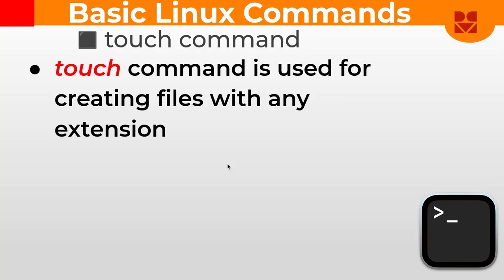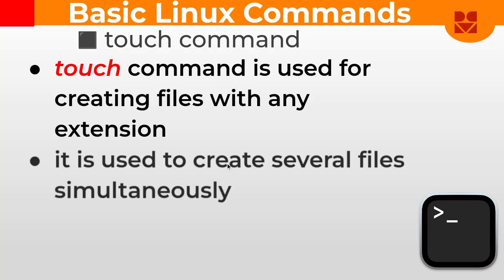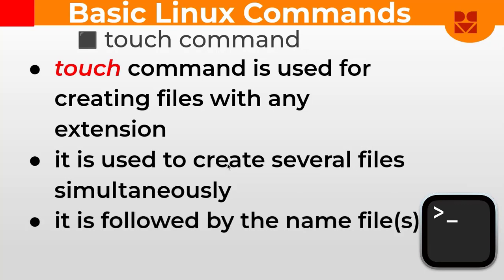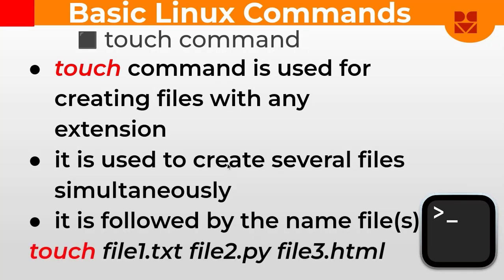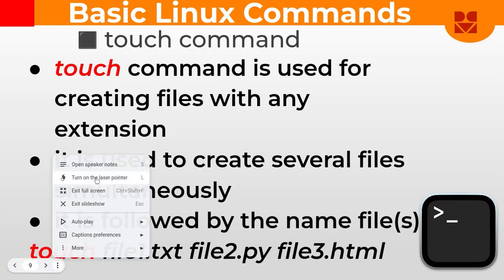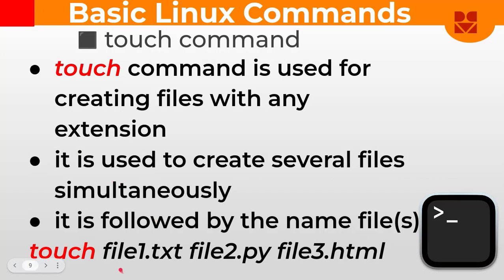We can use the touch command to create multiple files at the same time. To use it, you follow it with the file names that you want. So for example, touch file1 file2 file3.